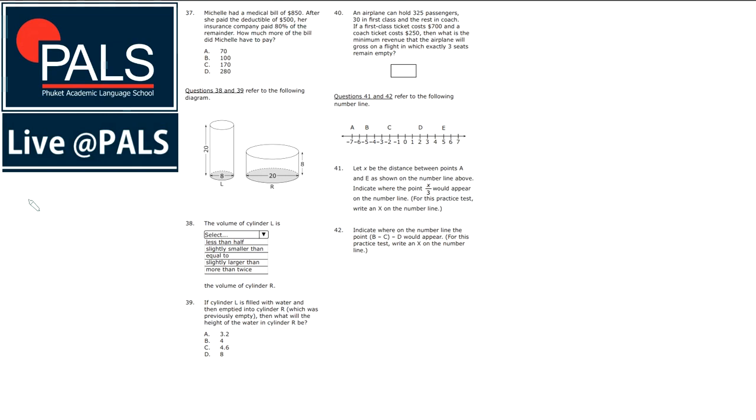So the remainder is $350. No? 850 minus 500 is 350. 80% of that, times 0.8, is equal to 280. So how much did she have to pay? 350 minus 280 is equal to 70.